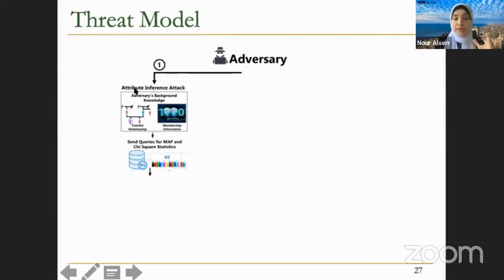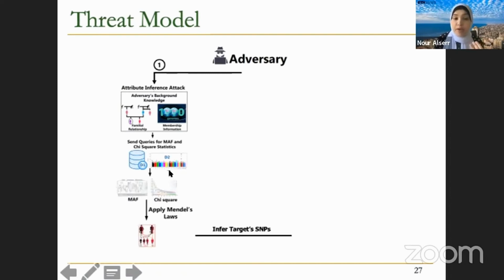We did attribute inference attacks over genomic datasets, like GWAS and any statistical dataset. We send queries for MAF and chi-square statistics, and using the results from these queries, we could infer the target SNP.